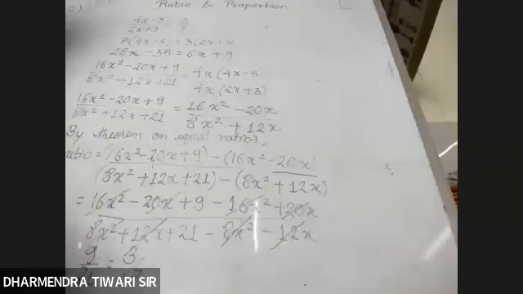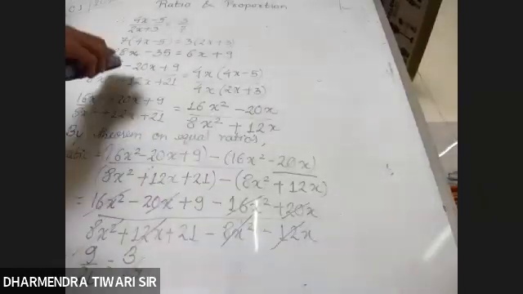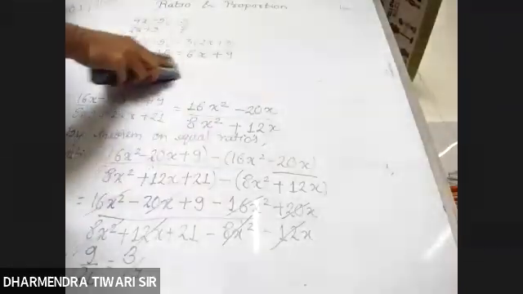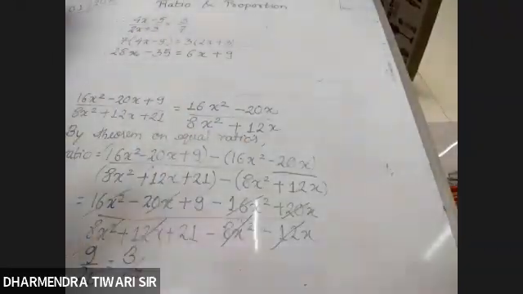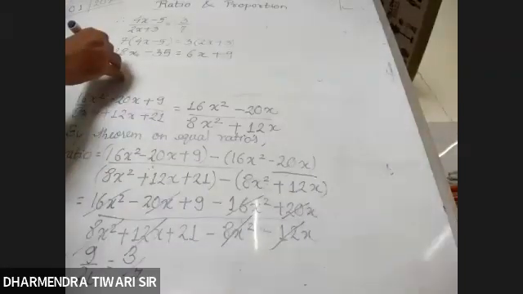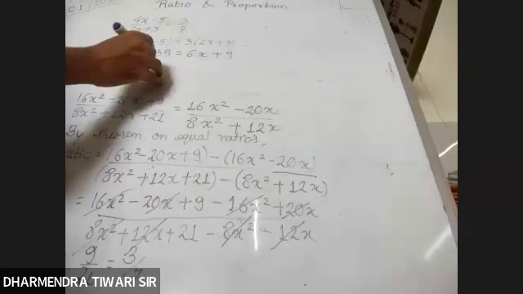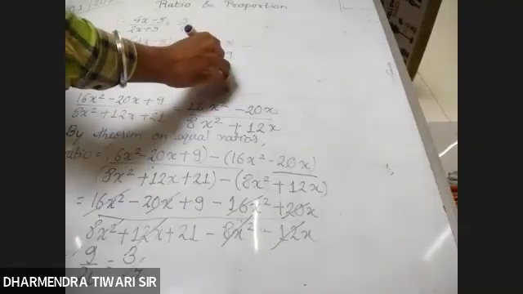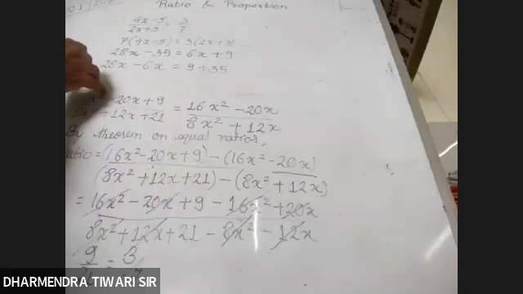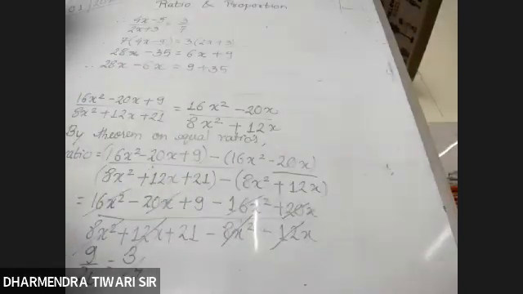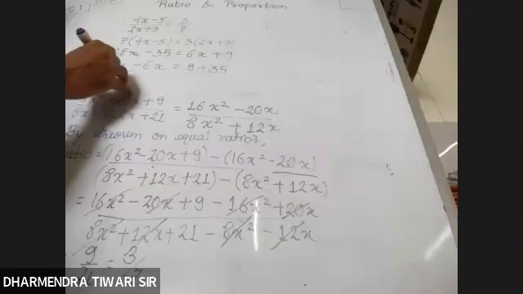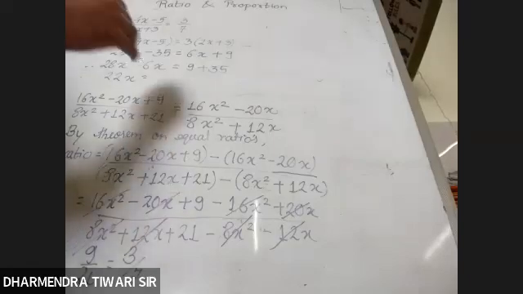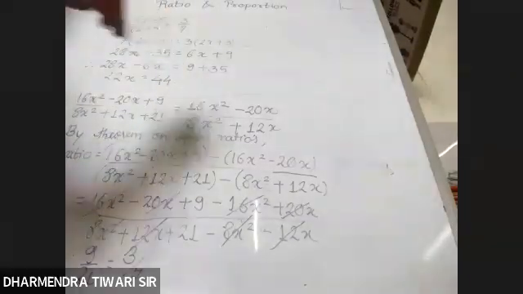What we need to do is to take terms with variable together and constant terms together. So 28x, taking the 6x to the left hand side, it becomes minus 6x, taking 35 to the right hand side, so it is plus 35. 28x minus 6x, answer is 22x is equal to 35 plus 9 is 44.